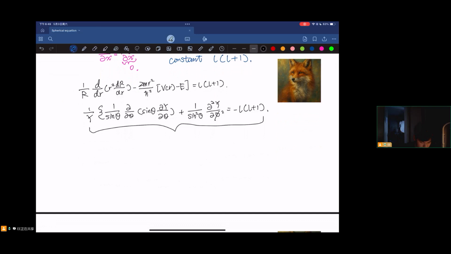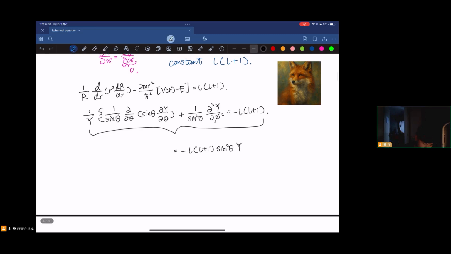Well, first we multiply both sides by sine squared theta. Okay, so now the right hand side will become sine squared theta. Let's see, multiplying by y sine squared theta.